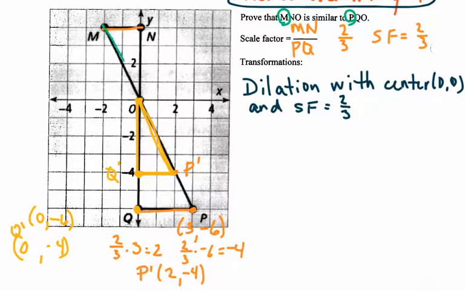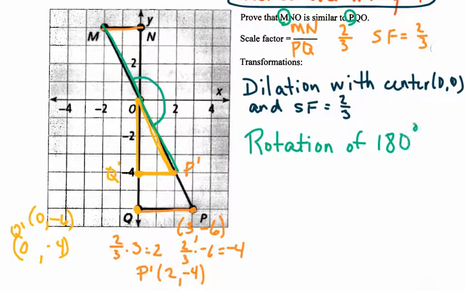So if I connect M to the origin to P, what kind of angle is that? So that is a 180-degree rotation. So the second is a rotation of 180 degrees about the origin.